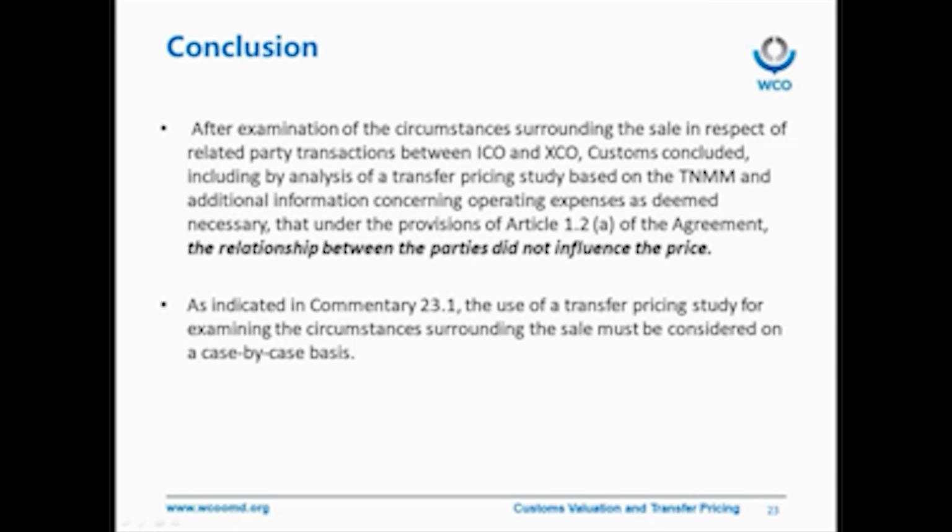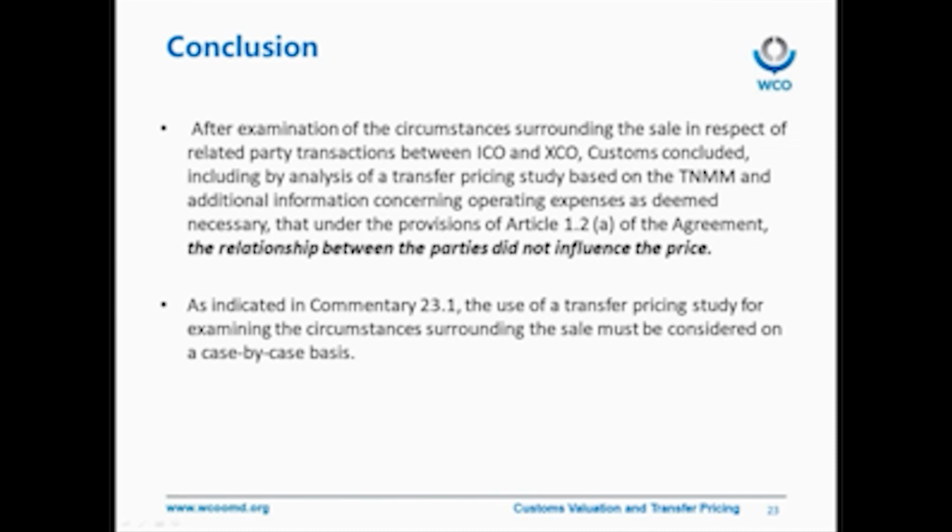So also at the end of this case study, it emphasized that as indicated in commentary 23.1, in the use of a transfer pricing study for examination, the circumstances surrounding the sale must be considered on a case-by-case basis, which means in this case, in case study 14.1, the TP studies are accepted by the tax authorities and are also accepted by customs. But it's not always the case.